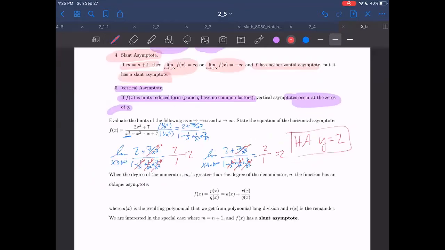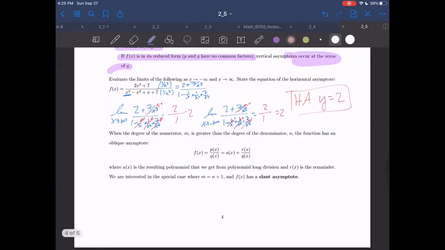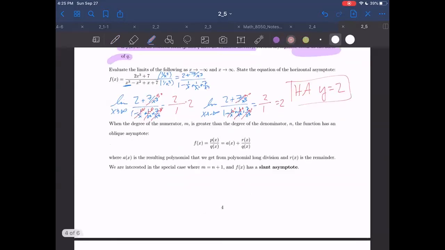So now let's talk about our slant asymptote, because that's a new one for us. If the degree of the numerator is greater than the degree of the denominator, then we have what's called an oblique asymptote, where if we divide p and q using polynomial long division, we get a plus r over q, where r is the remainder.